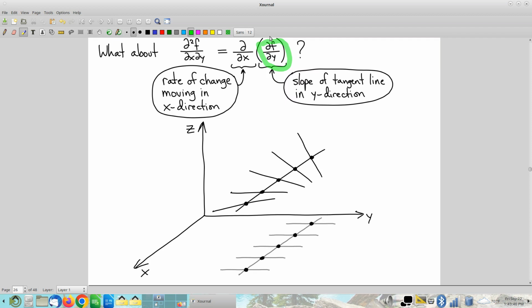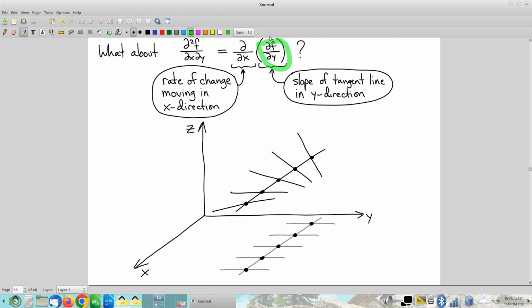Now, one thing you're going to notice conspicuously absent from this picture is that I didn't draw the graph itself. I didn't draw that surface. But I feel like some of what we need to see about the graph itself, you can kind of see from these tangent lines that I drew.